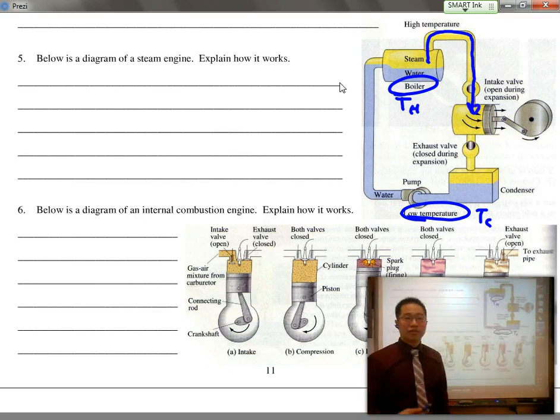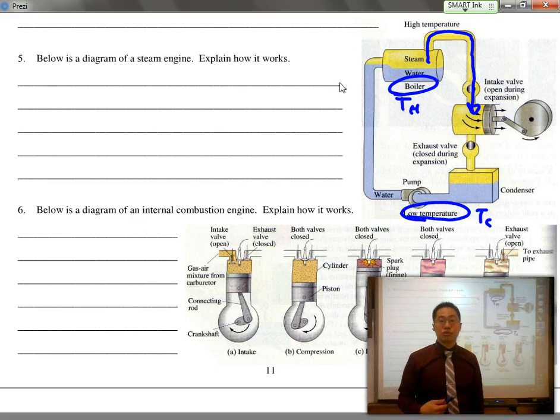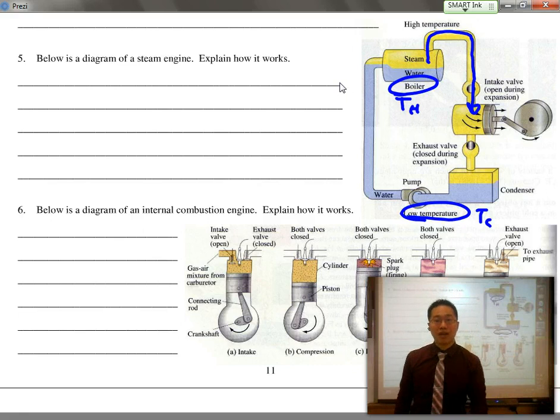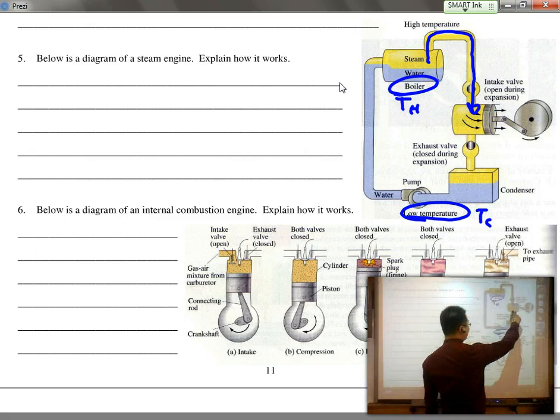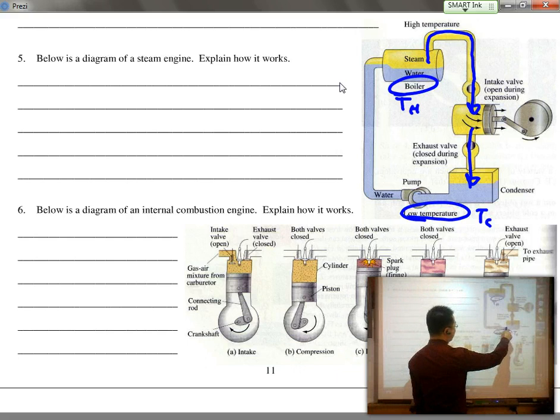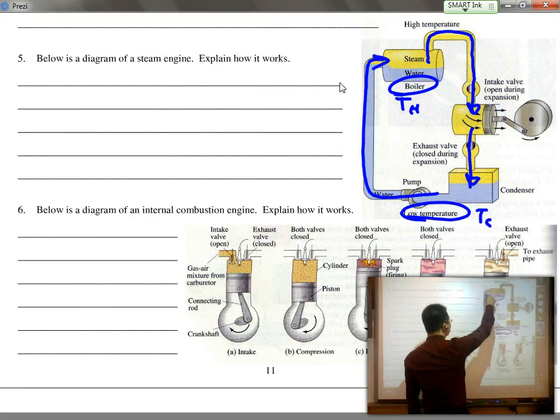Some of that energy is used to run a piston, as it shows here, or it could be used to turn a turbine, whatever it's used for, and the energy that's left over goes into the bottom. It condenses, it turns back into water, which then gets pumped back up inside.